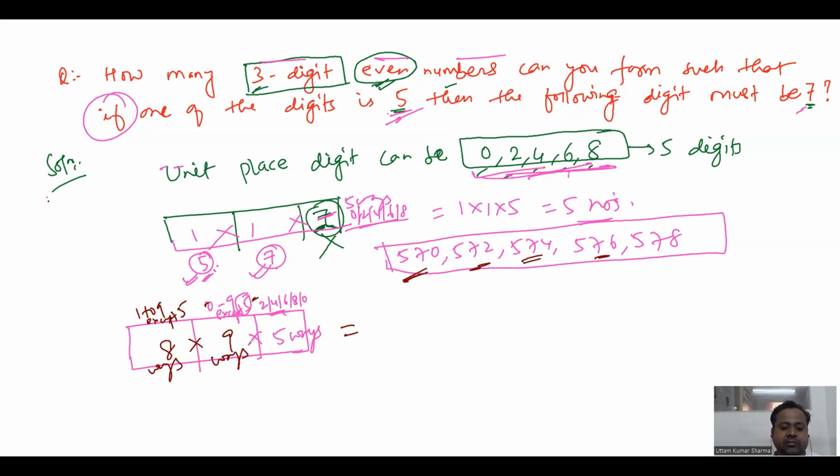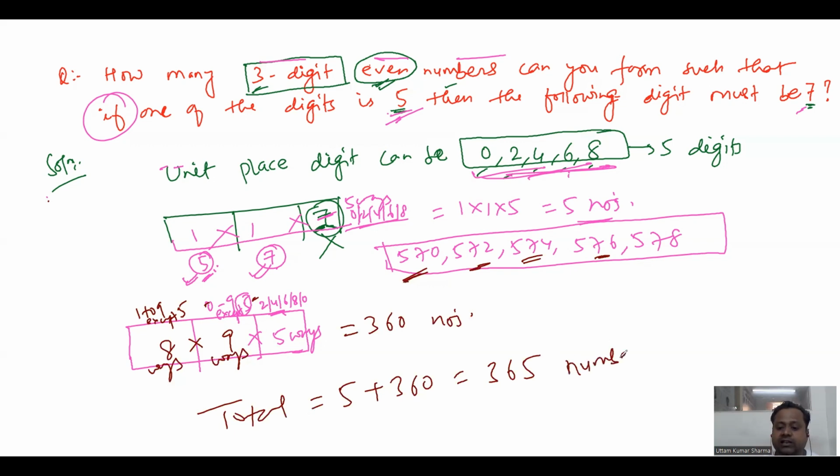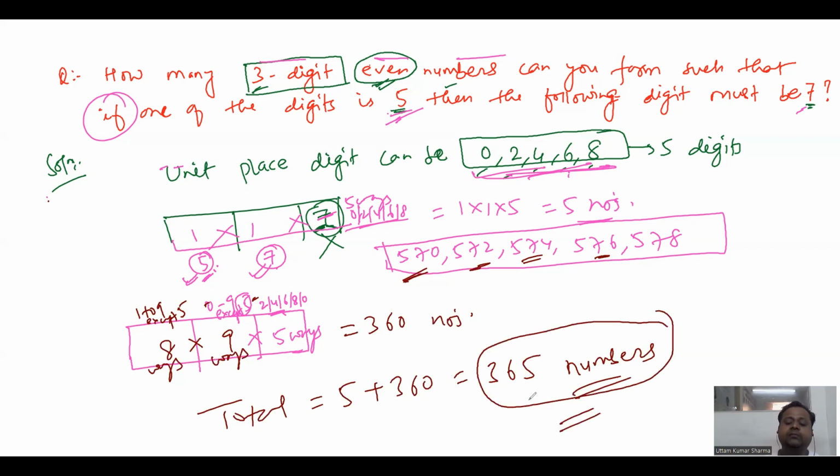When you multiply, you get 360 numbers. So in total, you can form 5 plus 360, that is 365 even numbers. This also includes the case that if you take 5, the following number is 7. All conditions are satisfied and 365 is the answer.